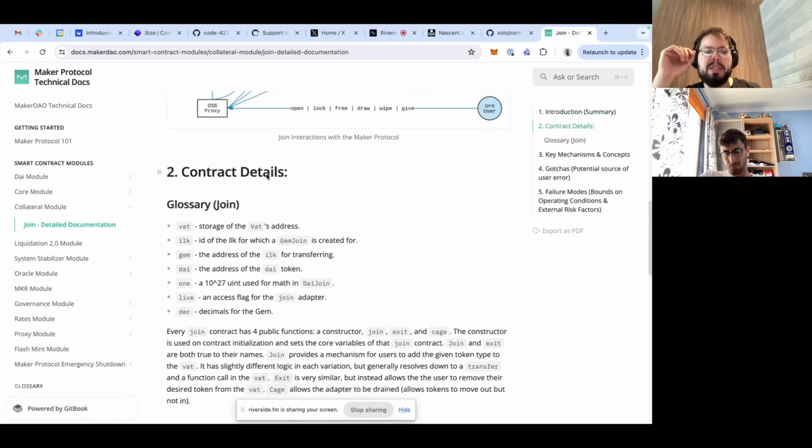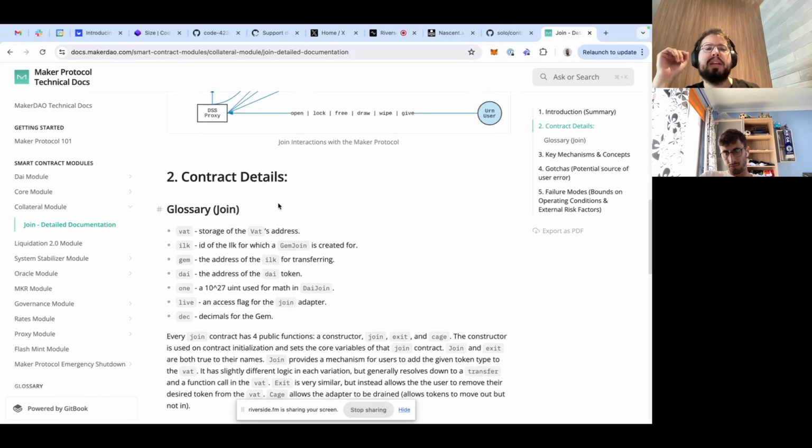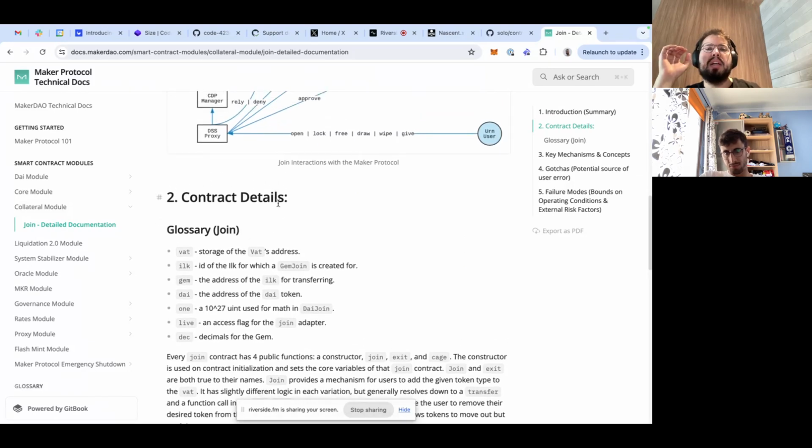This is a bit complex, but basically they have a single entry point for the inflow and a single entry point for the outflow of tokens. And this is a bit different from other protocols. For example, Aave does not do it this way.